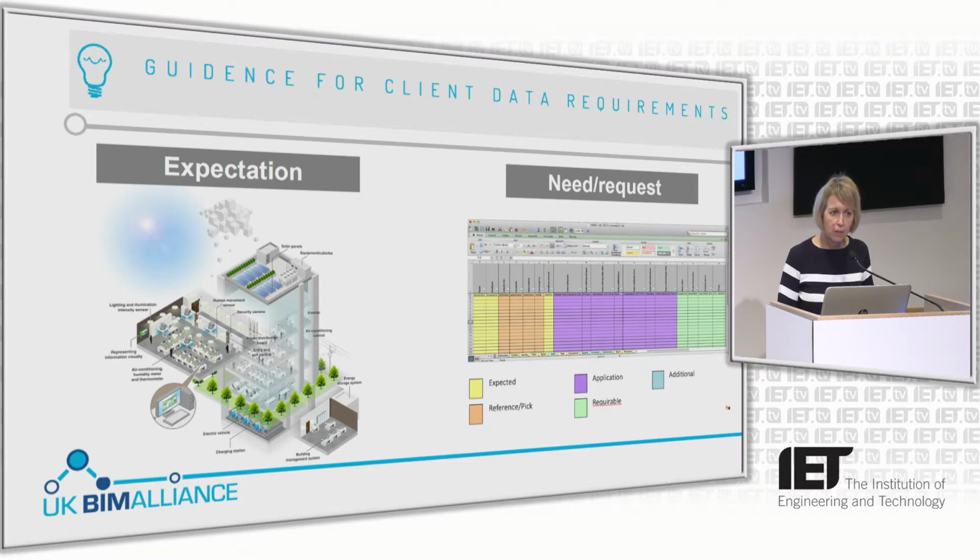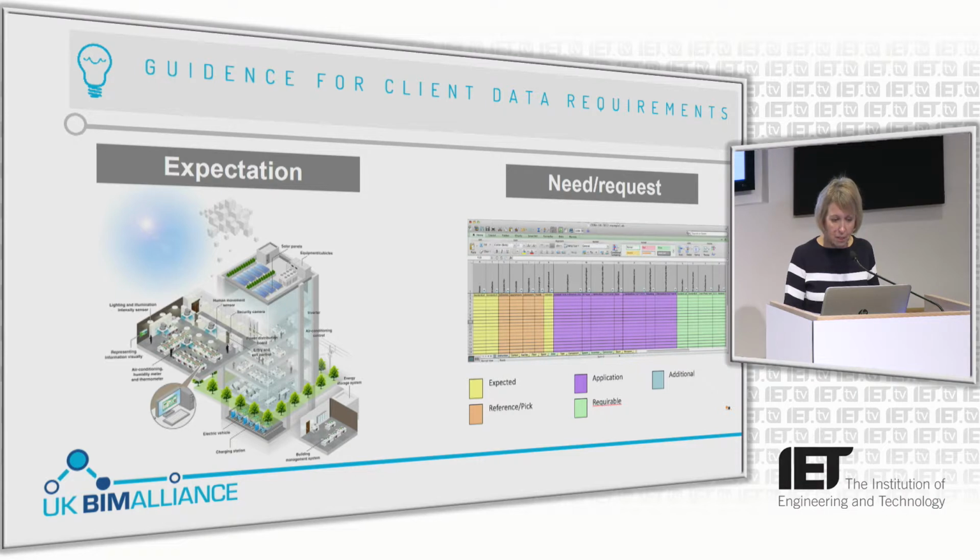But also very often, sitting in the back of organisations or individuals' minds is the aspiration to get digital visual models containing all of the data and information that they want to receive to help them to operate and maintain their buildings. Now, that's not an unreasonable aspiration, but there has to be a very clear distinction between what is needed and what you're aspiring to achieve. That needs to be communicated to the people that are actually going to be helping you to get that.